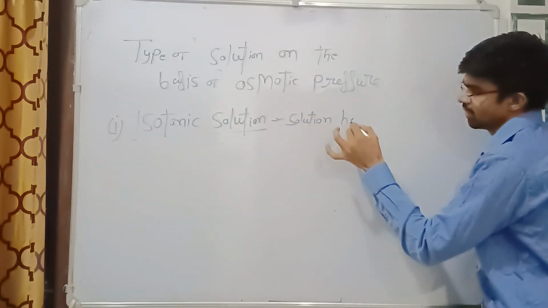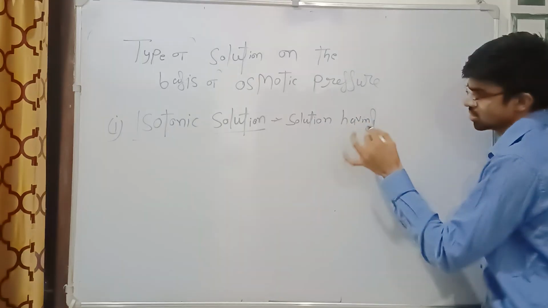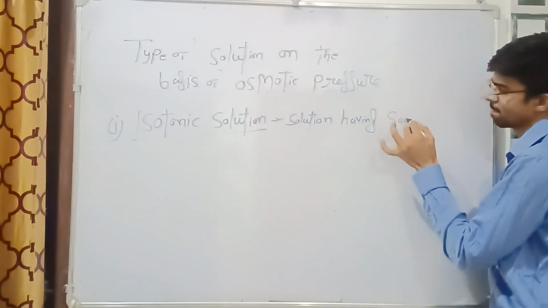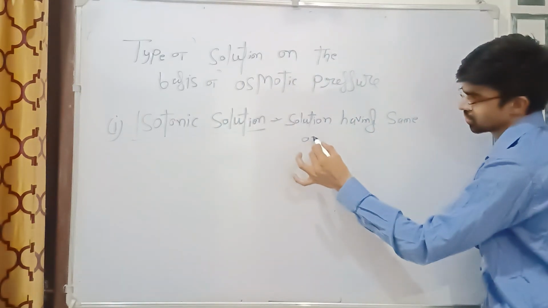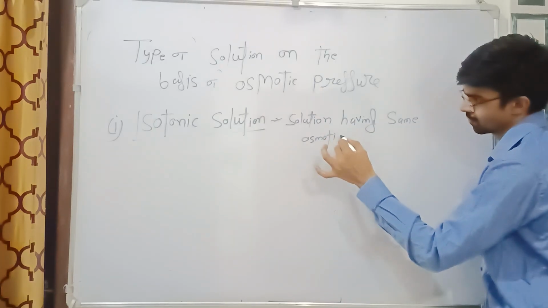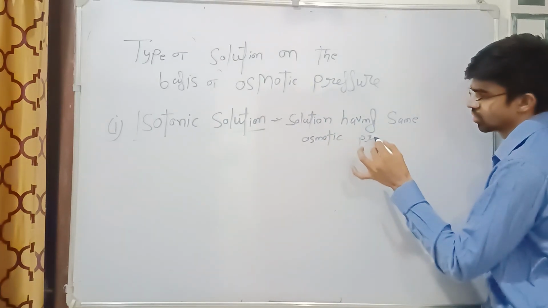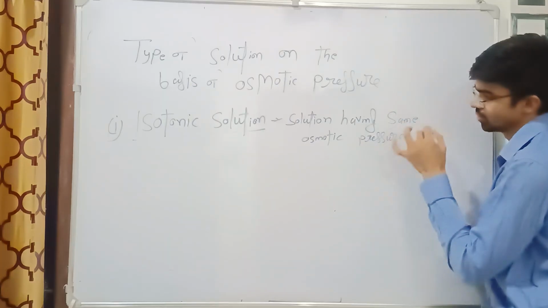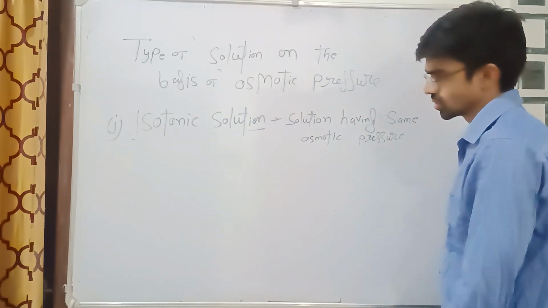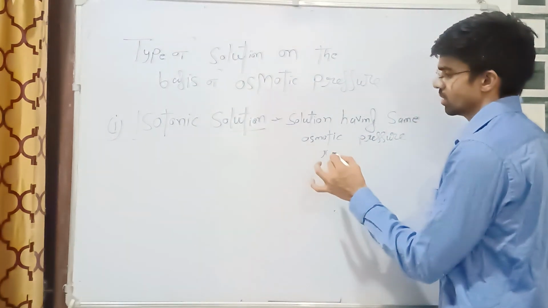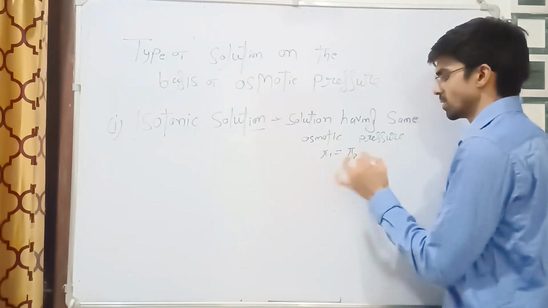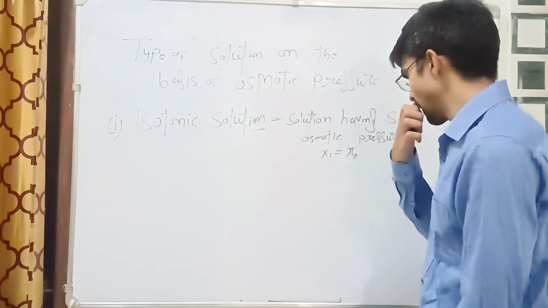Solutions having the same osmotic pressure are called isotonic solutions. Pi 1 will be equal to pi 2. How?